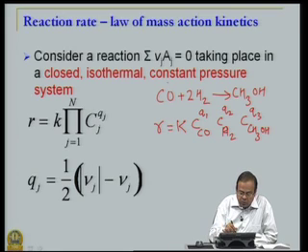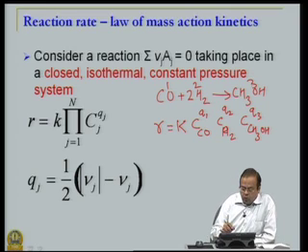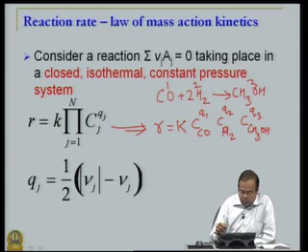I am calling these species 1, 2 and 3. So, what we have is a general power law kinetics representation for this reaction. What is our nu 1? Nu 1 for this case is -1, nu 2 is -2 and nu 3 is +1.